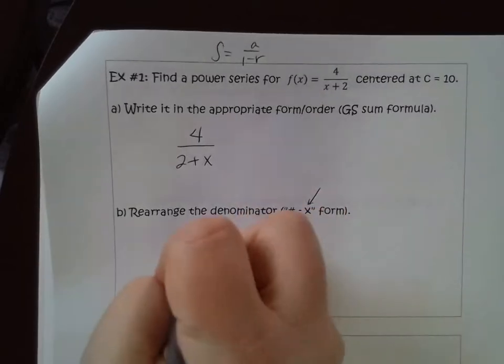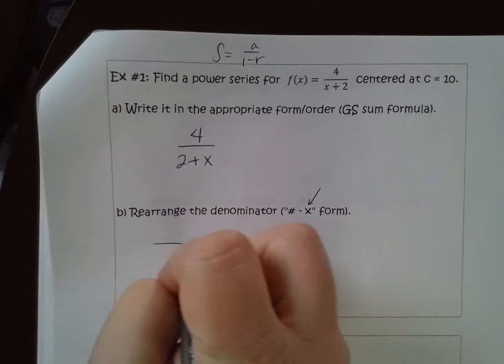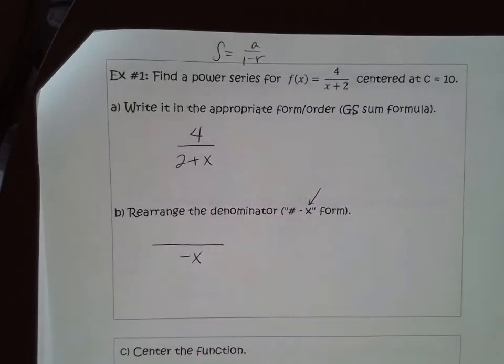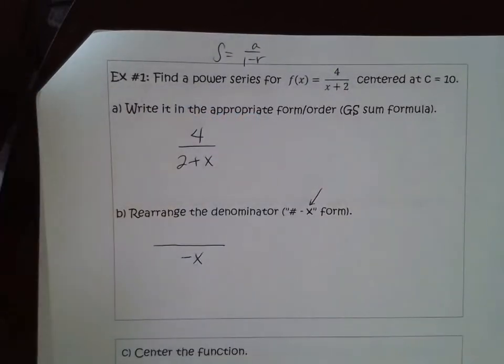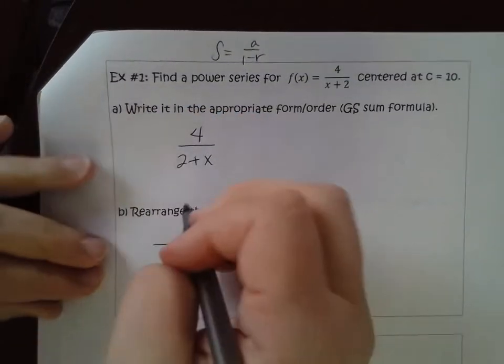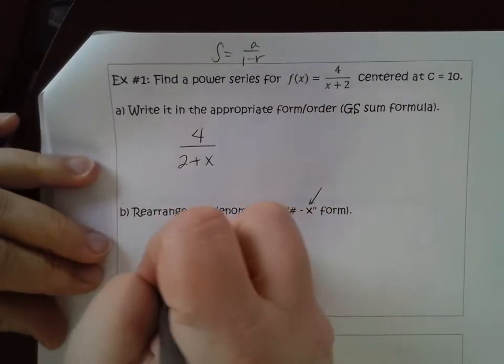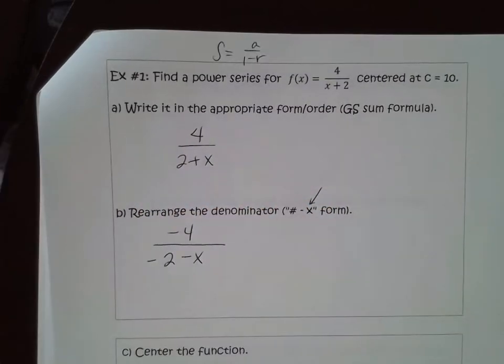But if I put a negative here, what am I really doing from this function to this function, but multiplying by -1? And I'll only maintain equivalency if everything gets multiplied by -1. Okay? Now I'm going to center the function.